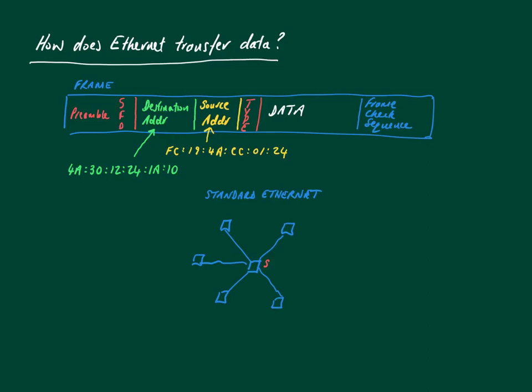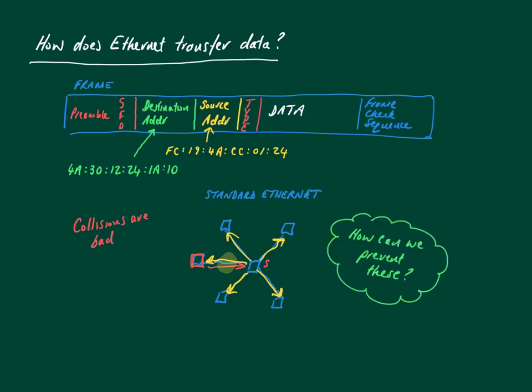The Ethernet frame is broadcast to all 5 of the clients. And this can cause a problem, because what if another computer, let's say this node on the left here, is trying to transmit data back at the same time? You get this collision. So on the next page I'm going to introduce something that we can do to prevent these collisions.